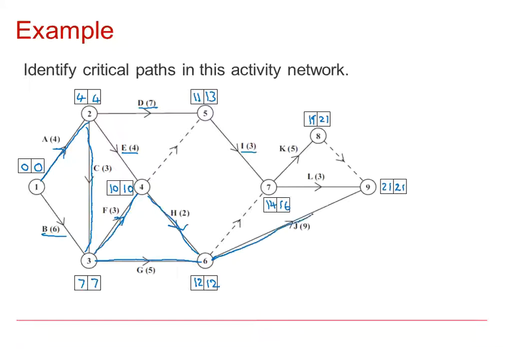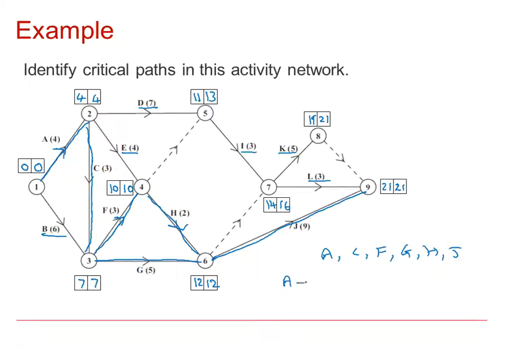K, I've got flexibility when it starts, I've got some flexibility when it ends, it cannot be critical. L has some flexibility as to when it starts, cannot be critical. So my critical activities are A, C, F, G, H, J, and there are 2 critical paths.